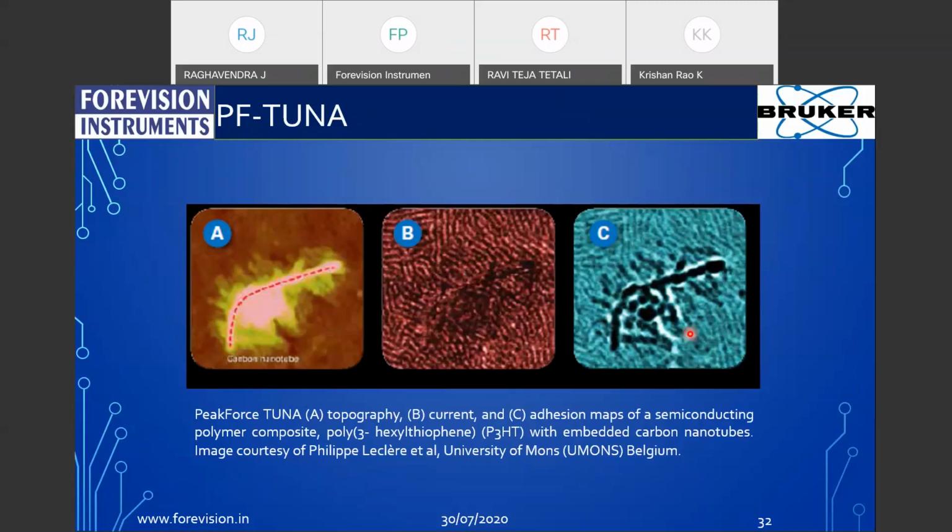So this is the benefit of using peak force with different measurement techniques, such that in either of the modes or measurements, whether in addition, in conductance, or in topography, either mode enables us to give the exact location of the nanomaterials.